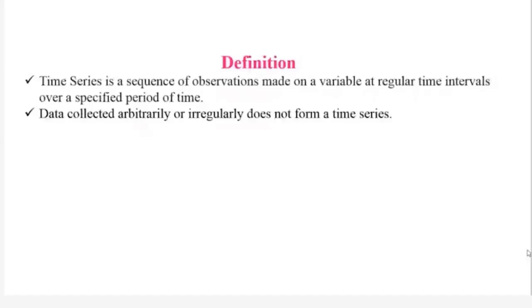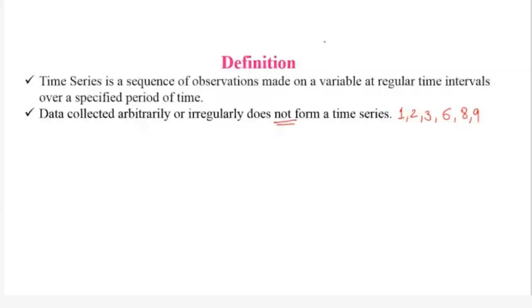Data I'm collecting, let's say first month, second month, third month, 4th, 5th month I have not collected, directly 6th month, 7th month I didn't collect, 8th month I have collected, 9th month I have collected. So then it will not form a time series.